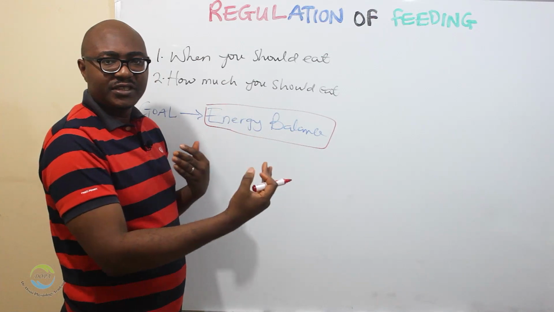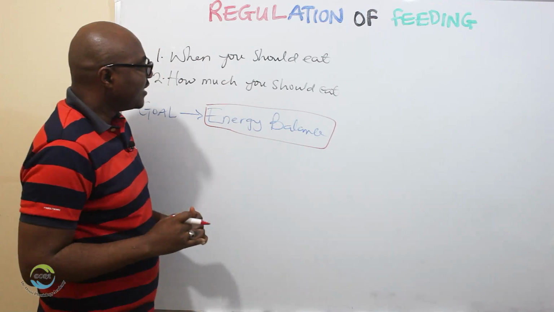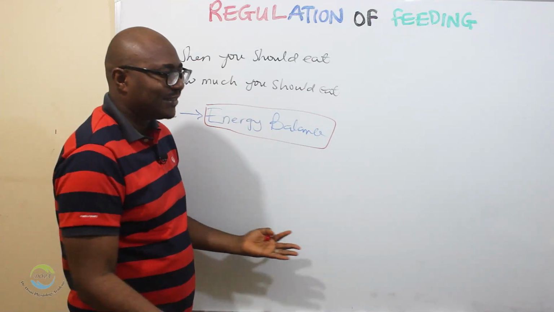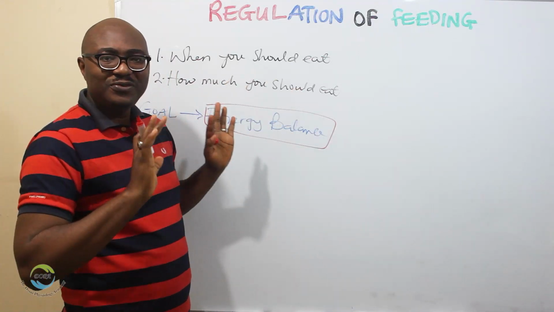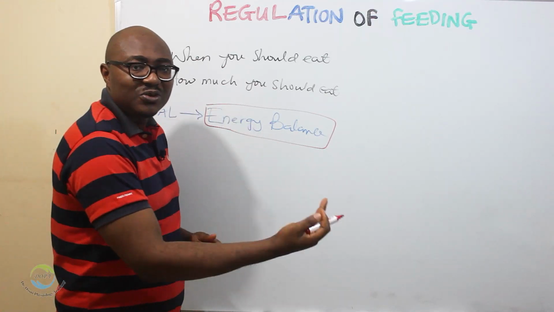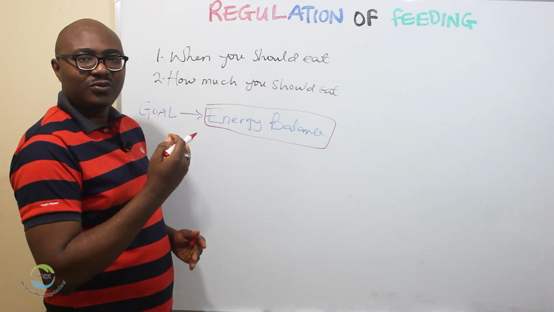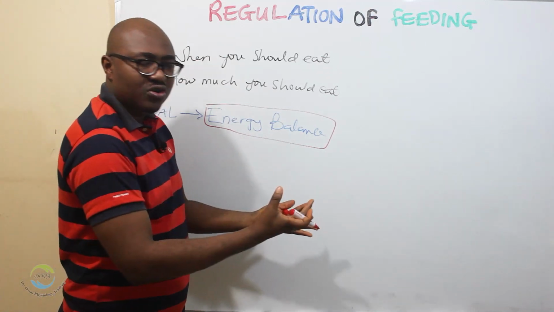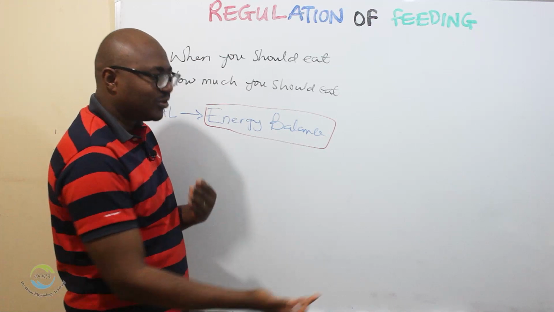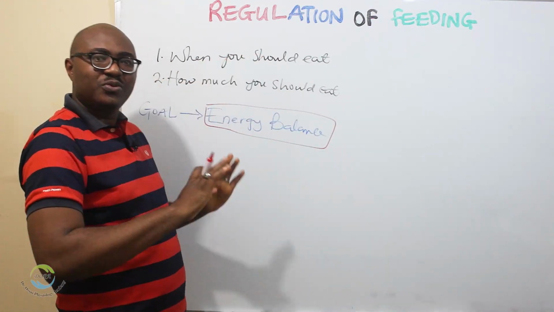They need energy to work. Okay? So there is a certain amount of energy they need. And that energy comes from the food that you eat. Okay? So they gain that energy through food. And also as they work, they lose the energy. And they will need to gain more energy to replenish what has been lost.